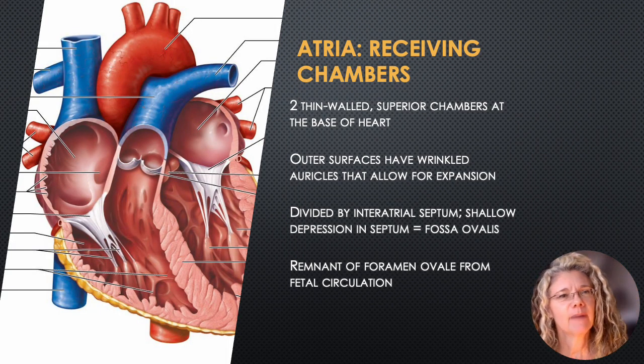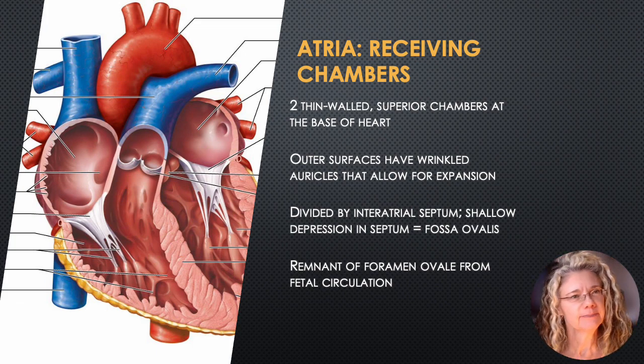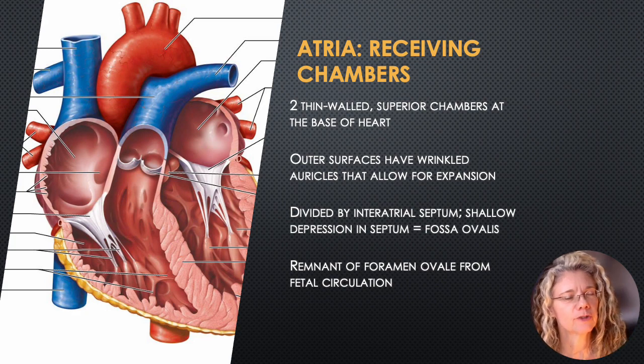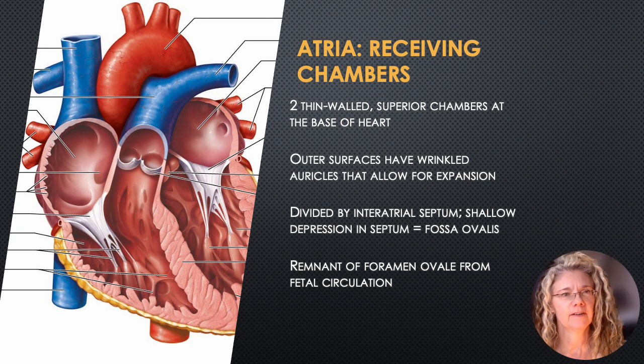All right, let's talk about the different chambers of the heart, right? So we're still in the structure of the heart. The atria are the two superior thin-walled receiving chambers. This is where venous blood from the body or venous blood from the lungs empties into these two chambers at the superior base of the heart, all right?